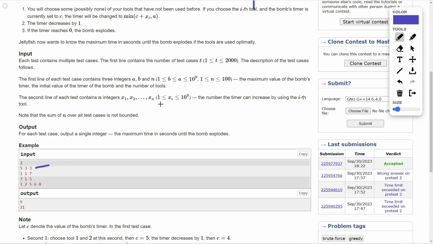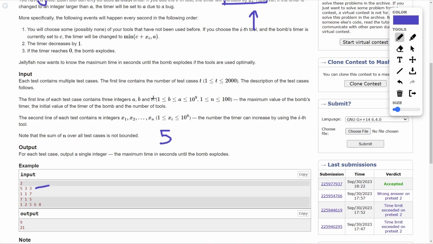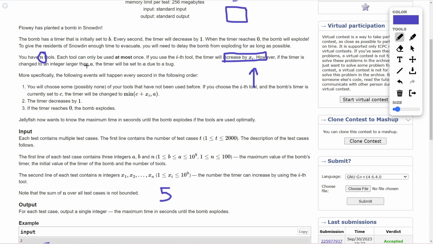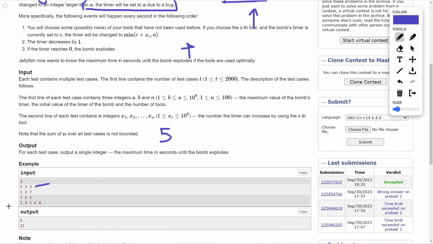There's one more thing: at any point the timer can be set to a maximum of A only. So it's not that if I use a tool 7, it will increase the timer by 7. No, it won't happen, because the maximum timer which can be set is 5. This is one thing I need to take care of.